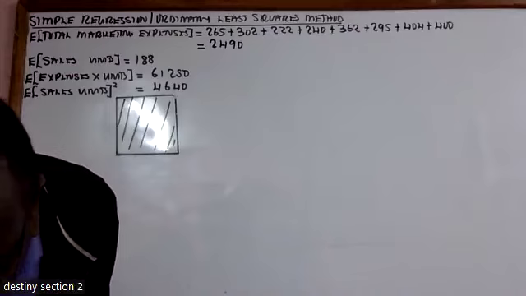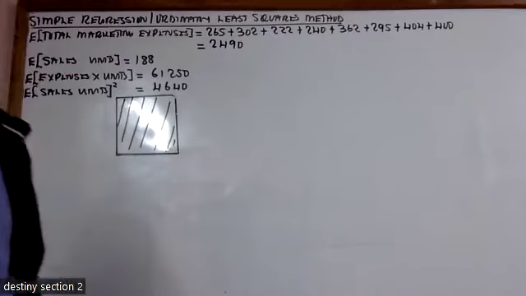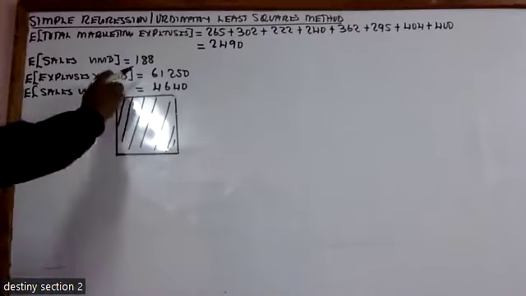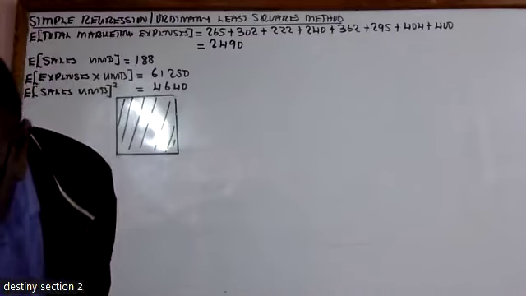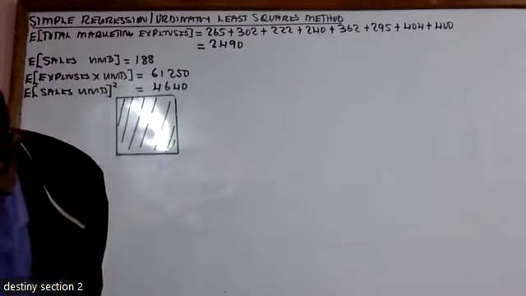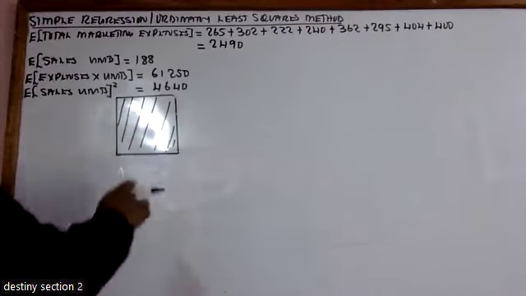So what is missing there in sales unit is that square. Okay, but now while they are making it millions, I don't know, we will just continue like that.